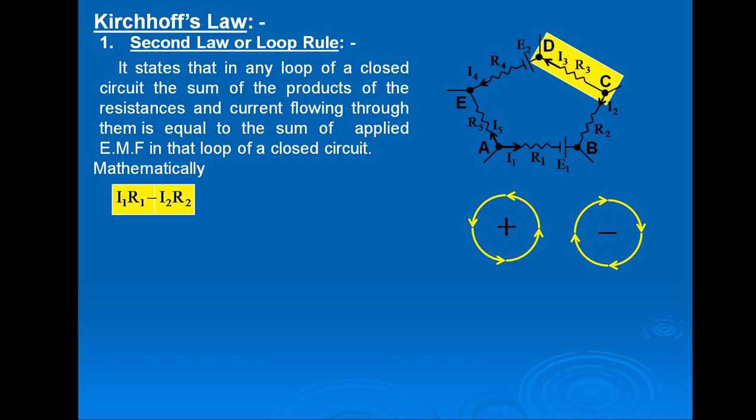Now between C and D, current is flowing from point C to D, in anti-clockwise direction, so we get plus I3 R3.